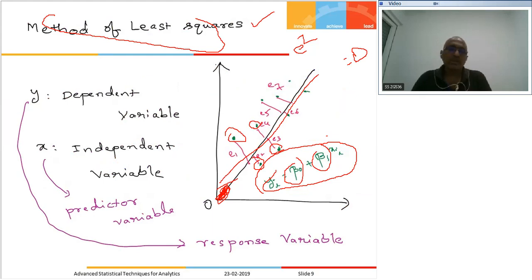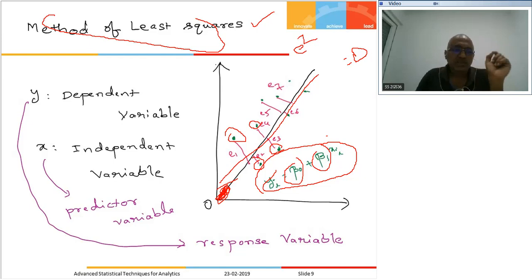To have this, we'll take the help of the method of least squares. So we are not going to draw the line, but now we are to understand the concept. We are not going to restrict the number of independent variables. The number of independent variables can be many, where you can't do this.